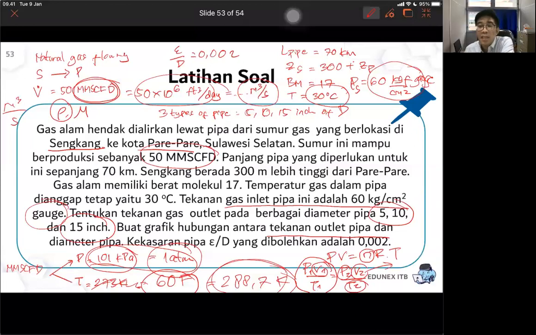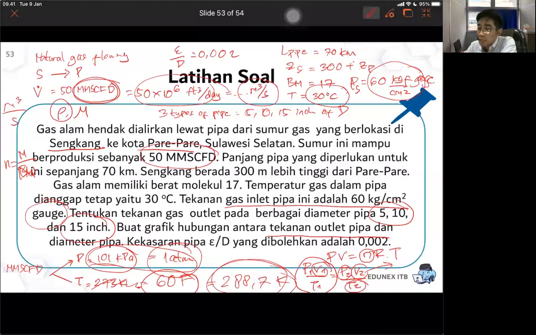You can use the ideal gas equation to calculate the density, because you already know the pressure and the temperature. PV equals nRT, right? n is the mole. Mole is mass divided by molecular weight. Mass divided by volume is density. Okay? Yes, sir. So you can get the value of the density.